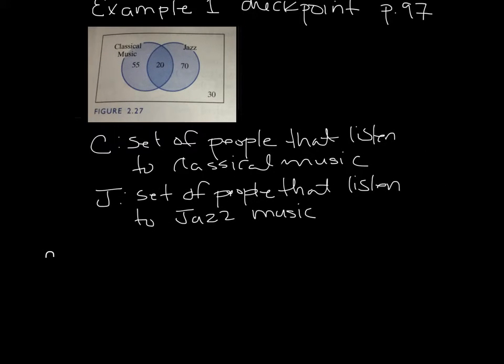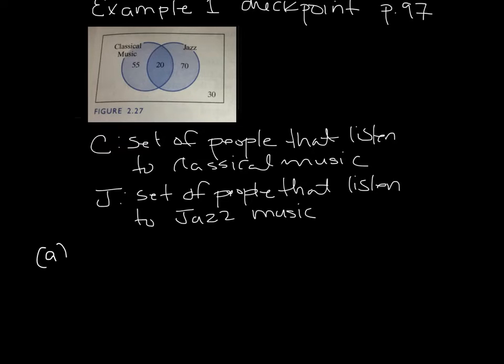And the first question says, in your book, how many respondents listened to classical music? So we're looking for the number of respondents. They could be students that listen to classical music. The number, that is, their cardinality, is implied here.